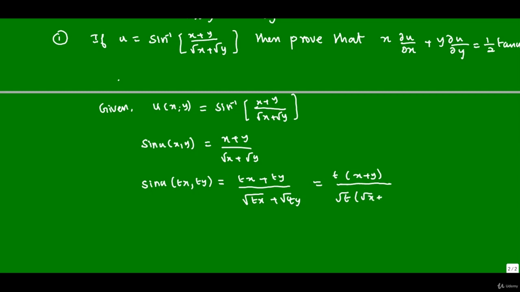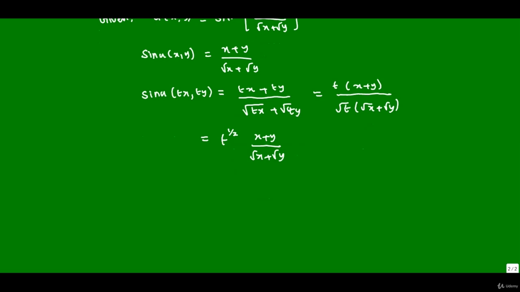So root x plus root y. Now simplify this. t power 1 by denominator root t, t power 1 by 2. You have t power 1 by 2 into x plus y by root x plus root y. But x plus y by root x plus root y is nothing but sin u of x comma y.